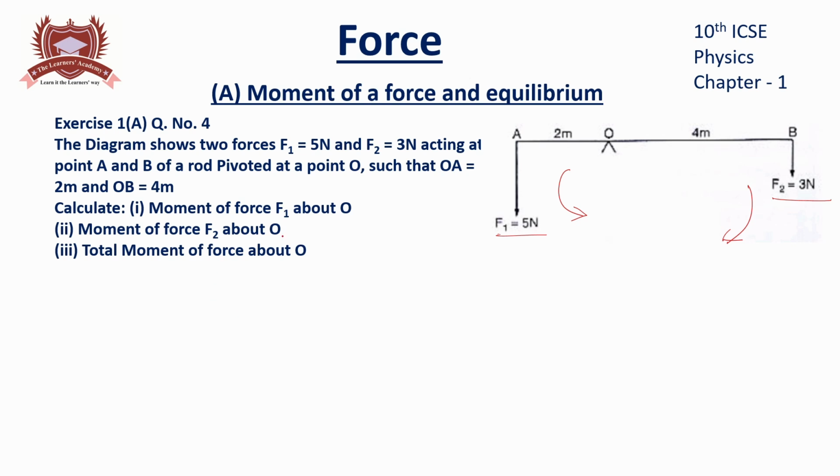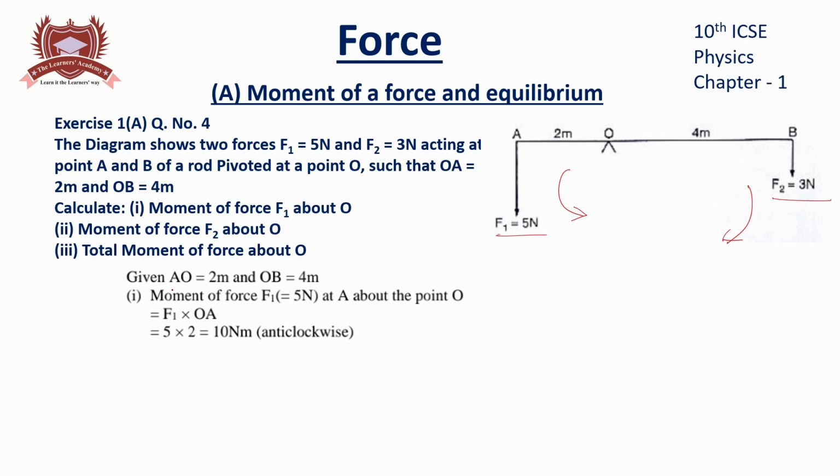Okay, so let us go ahead with the first part. So here what is given to us, OA is 2 meters, and the moment of force, here the force is 5 newtons, at point A would be the force multiplied by the distance, giving it as 5 multiplied by 2 or 10 Newton meters, and it is in the anti-clockwise direction.